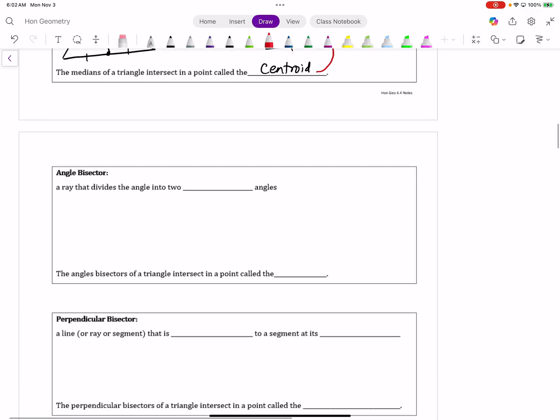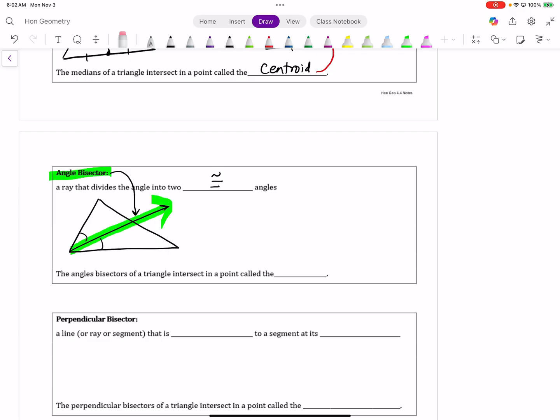Okay, if we have an angle bisector, a ray that divides the angle into two. Oh, sorry, that's the definition. I was about to say, I'm going to write down a theorem. An angle bisector is a ray that divides the angle into two congruent angles. Which you already know, but when you look at it in a triangle, say you draw a ray in that cuts that in half, then that ray is your angle bisector. Should we highlight it maybe? That's your angle bisector.